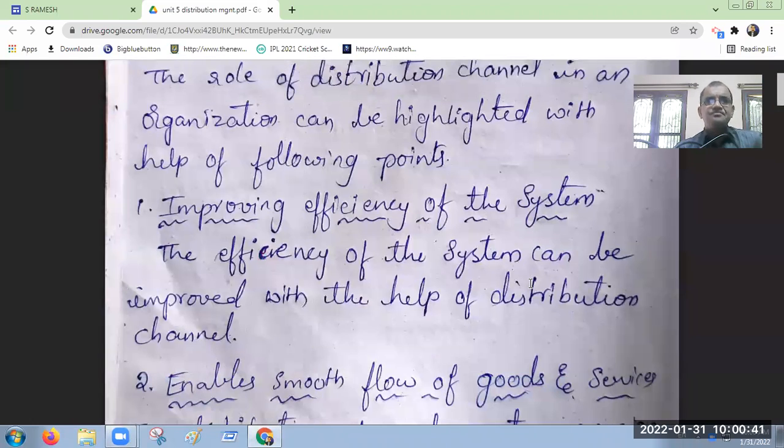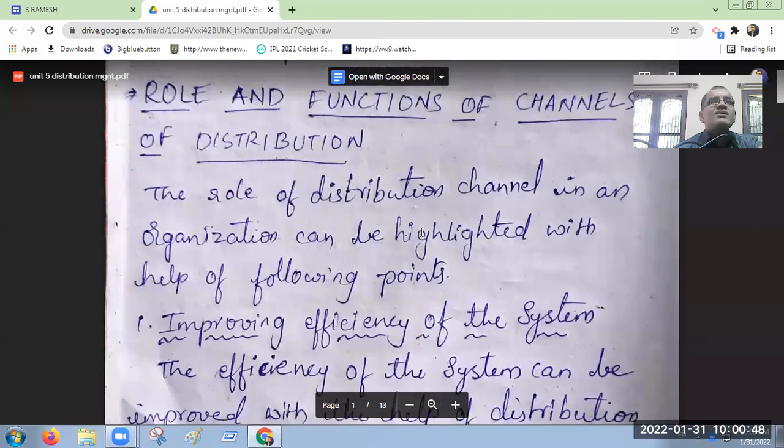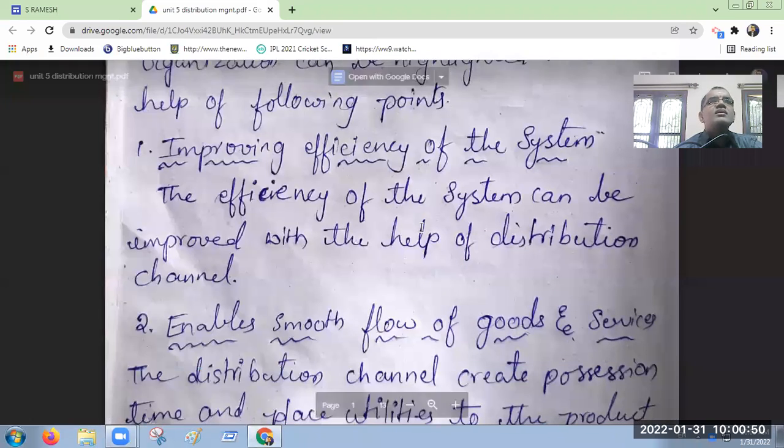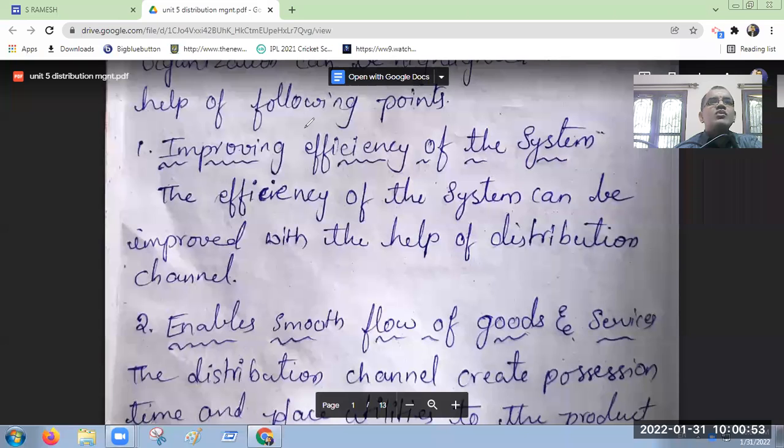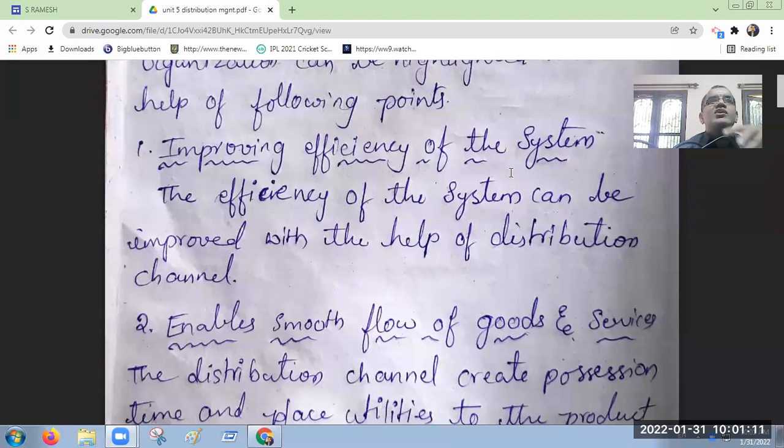In that topic, we will come to know about the importance of channels of distribution. It improves efficiency. Without the mode of transportation, without the help of the distribution channel, efficiency cannot be there. Whatever goods are produced at the production point will remain with them only. They cannot be shifted to the ultimate customer for consumption. So that is a problem.